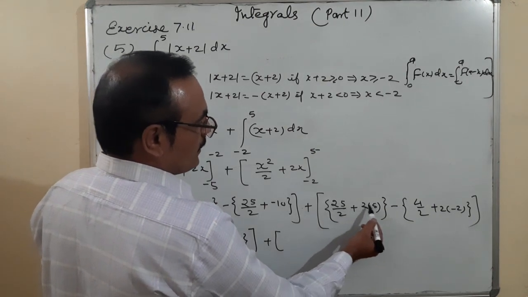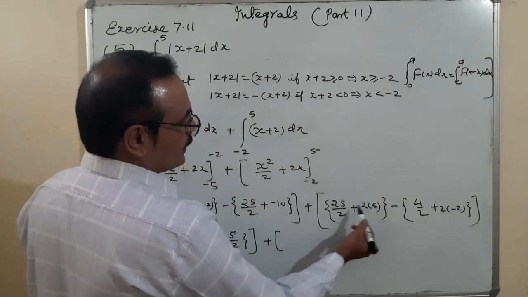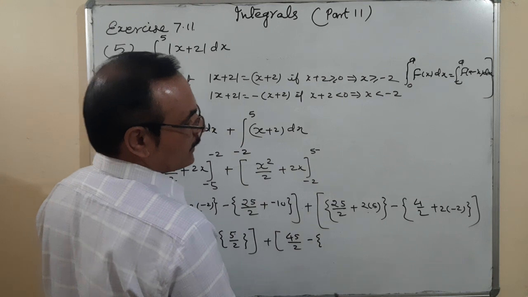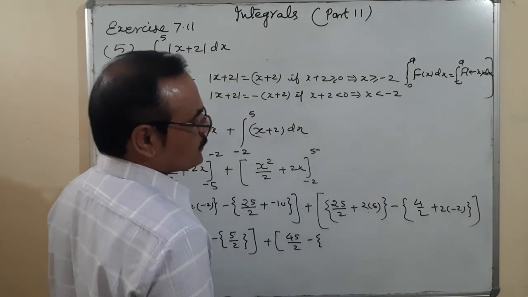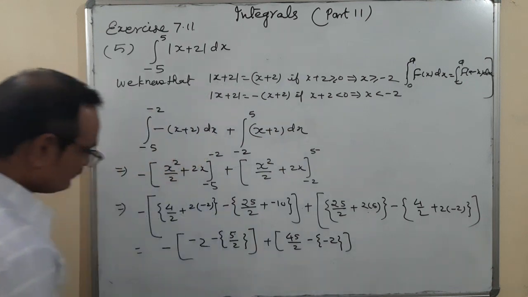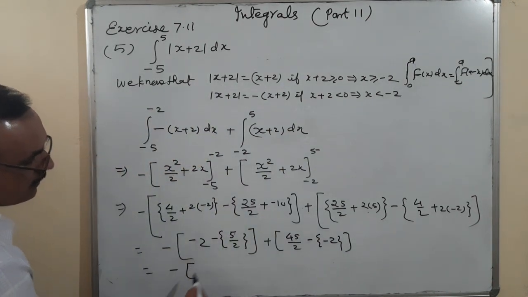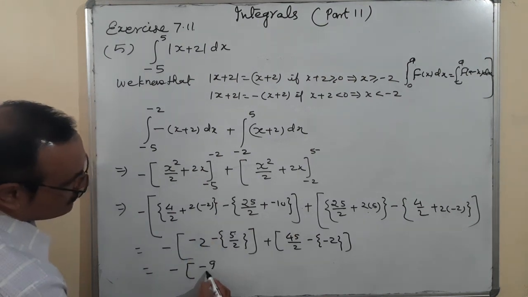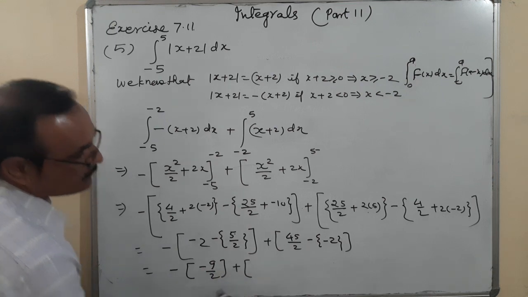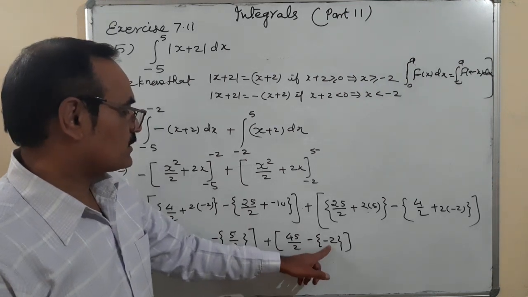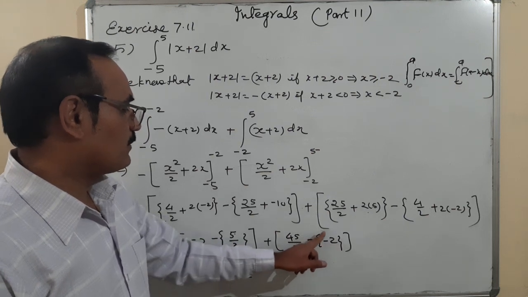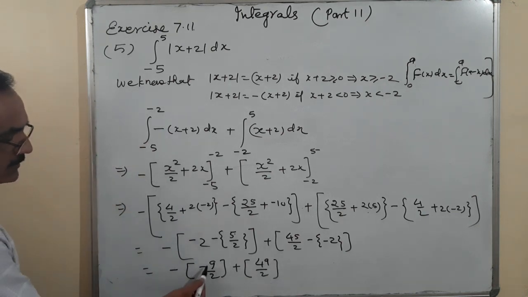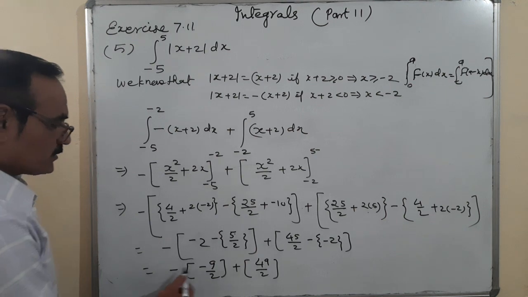This is 5 into 10, 10 into 20, so 20 plus 25, 45 upon 2 minus, here 2 and that is minus 4, minus 2. Minus. What is coming here? Minus 4 minus 5, minus 9 upon 2, plus. This is minus minus plus. So 45 plus 4, 49 upon 2. Okay. Minus sign will cancel with minus 9 upon 2.